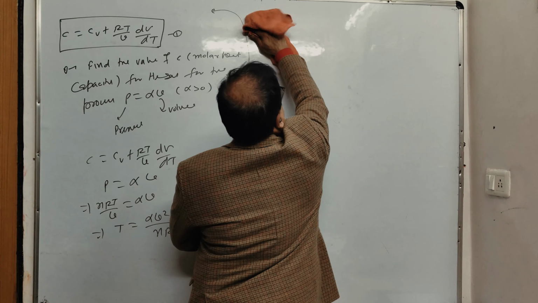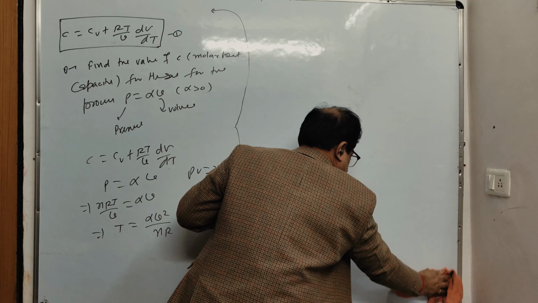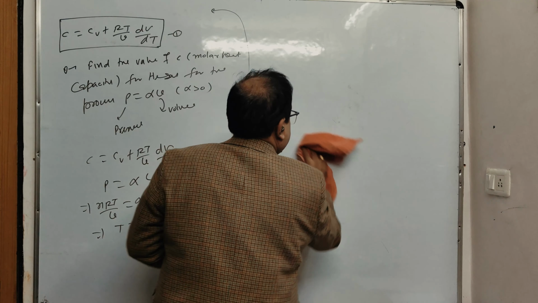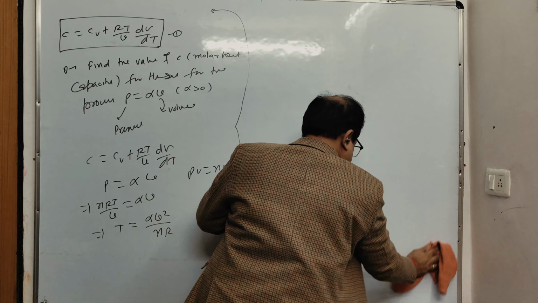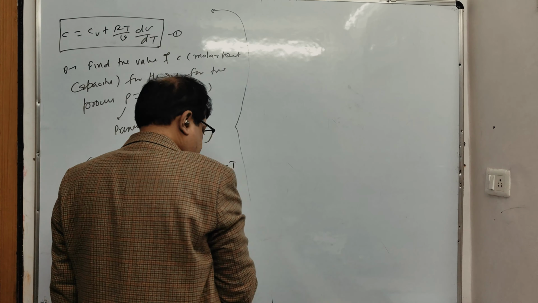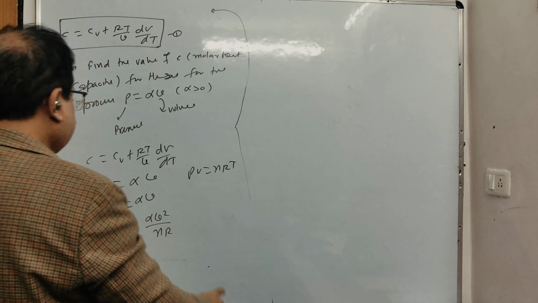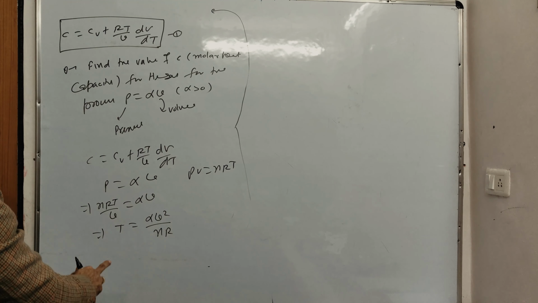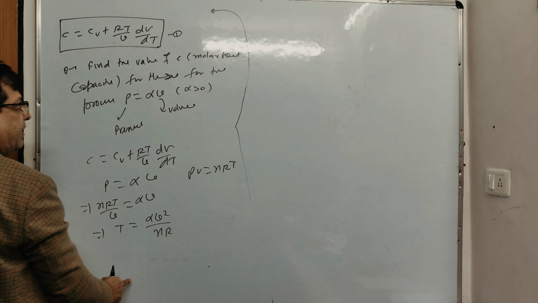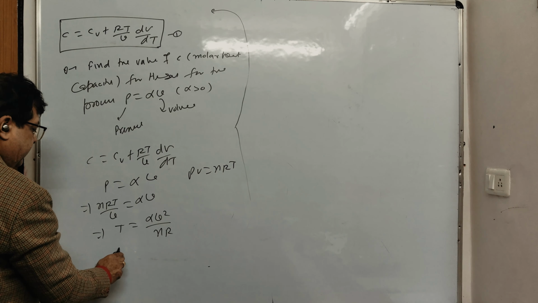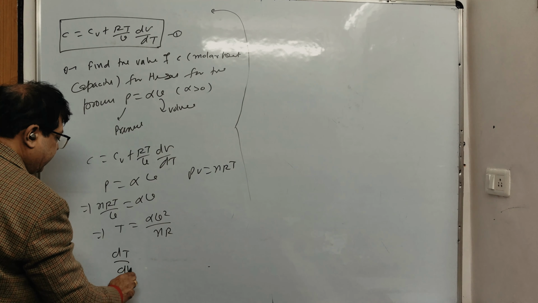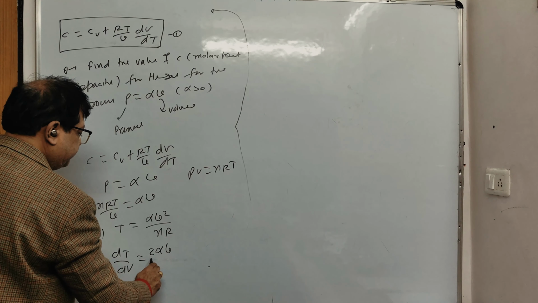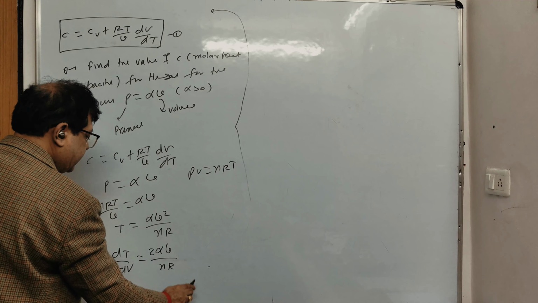So already I wrote the equation at this point. Now I want to calculate dT by dV from here. So dT by dV is equal to 2 alpha V by nR.